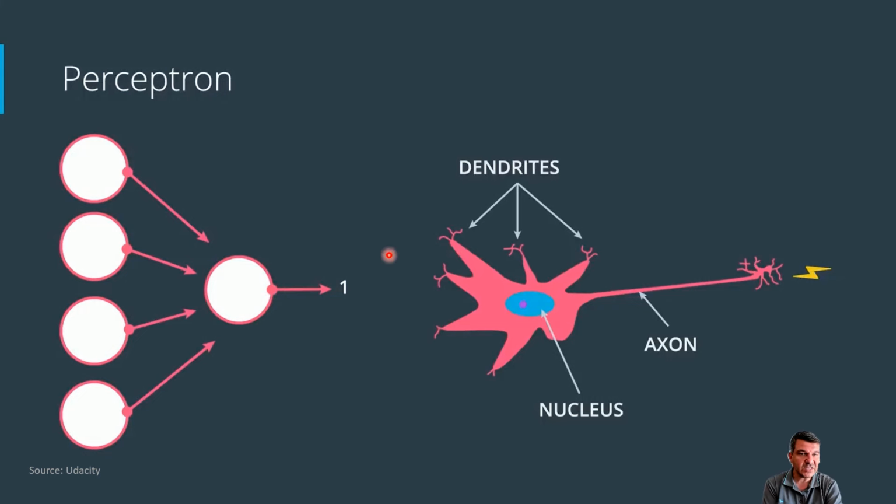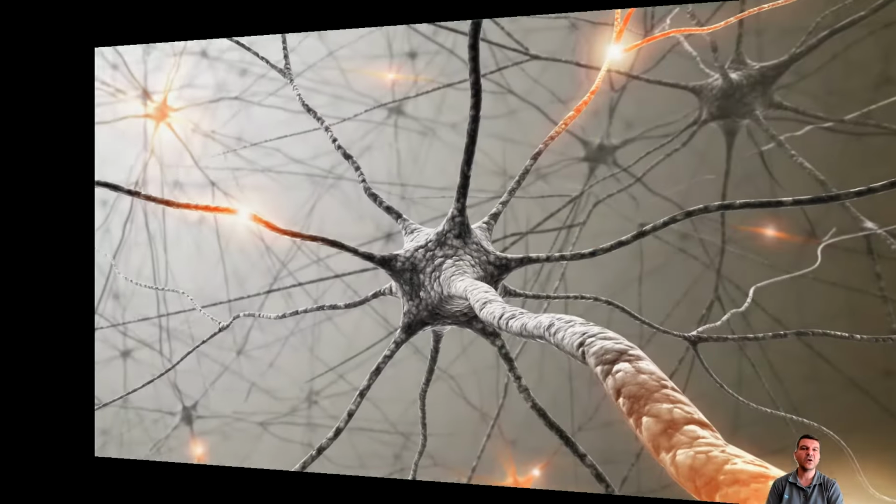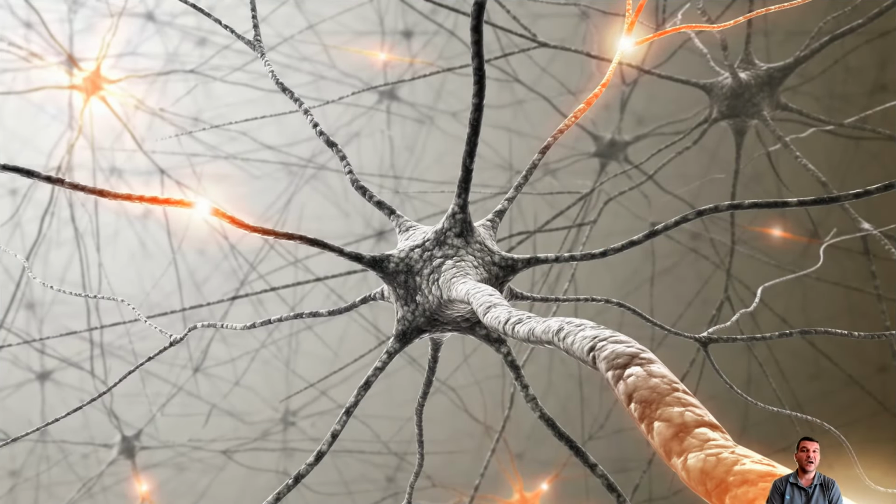And as we see from the analogy with the biological neurons, a neuron can connect to other neurons. The input that we see here can be the output of other neurons. So that's what makes a neural network. And this is what we see here in a biological model where a neuron is connected with more neurons and we have a network of neurons. All right, so that's what we will also do with the artificial neural networks compared to the biological neural networks.